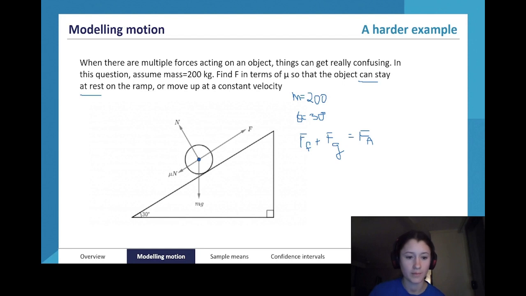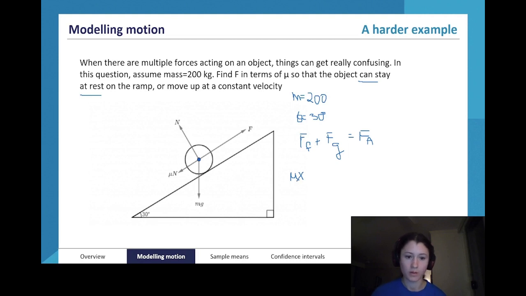So our force due to friction is mu times n, where mu is our friction, and n is our normal force, right?